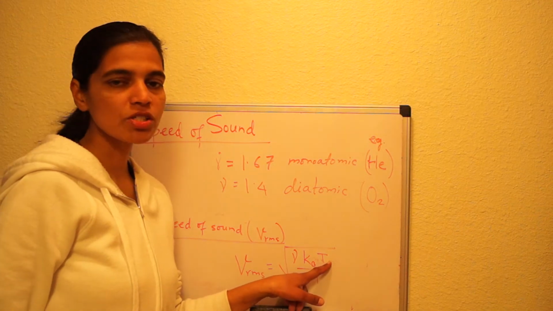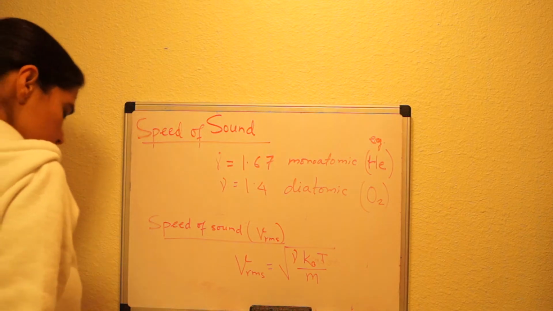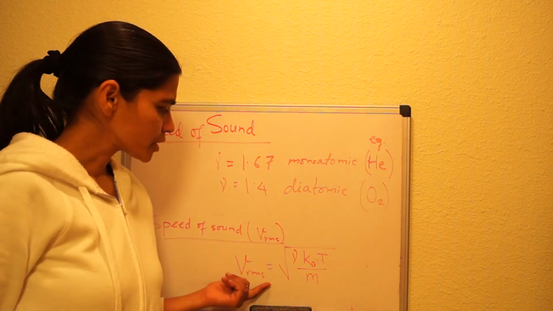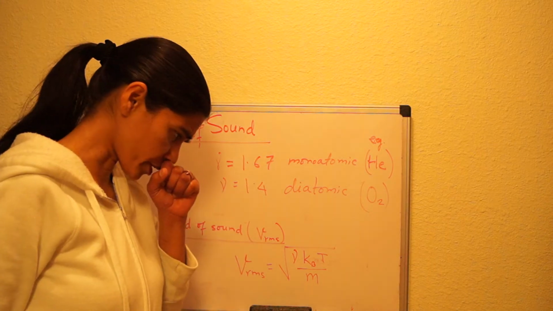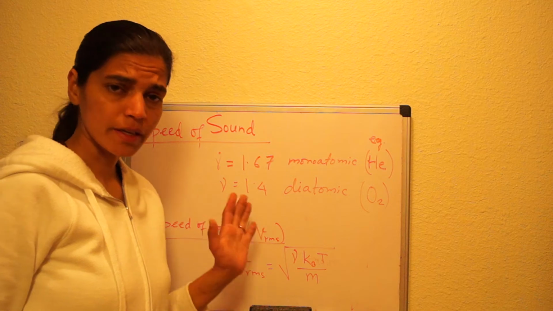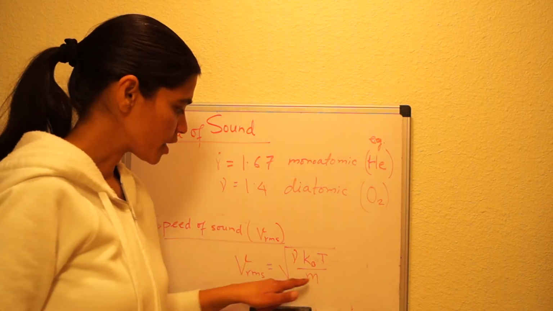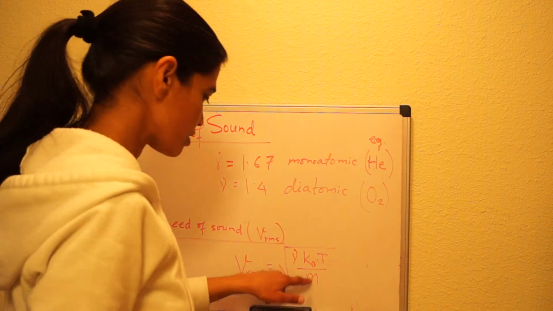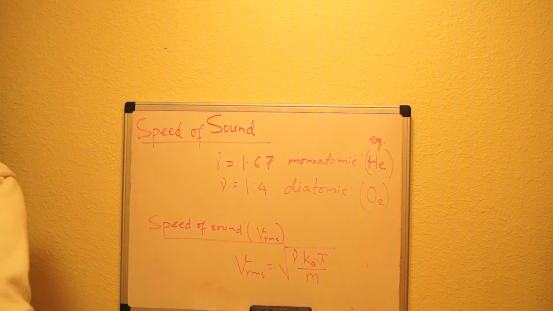T is the absolute temperature in the Kelvin scale. So it has nothing to do with the density of the gas. The speed of sound does not depend on density. It does depend on the temperature. This is the important thing to note, and it also depends upon the mass of the gaseous molecule.